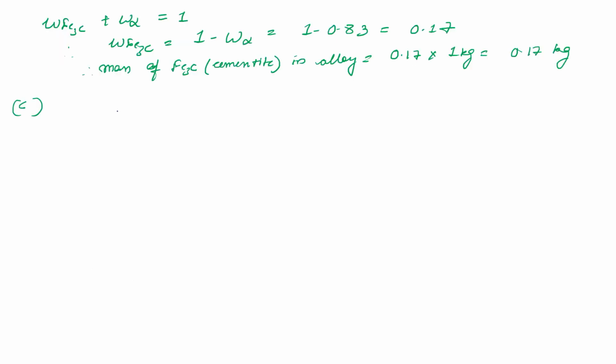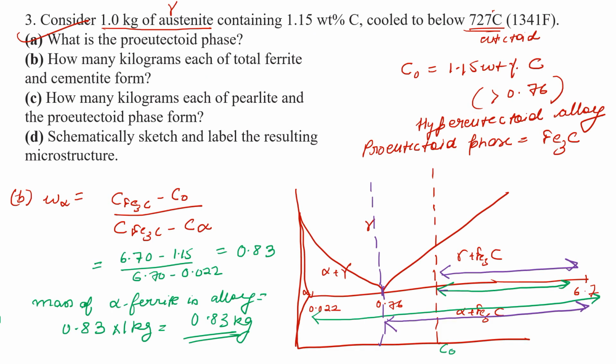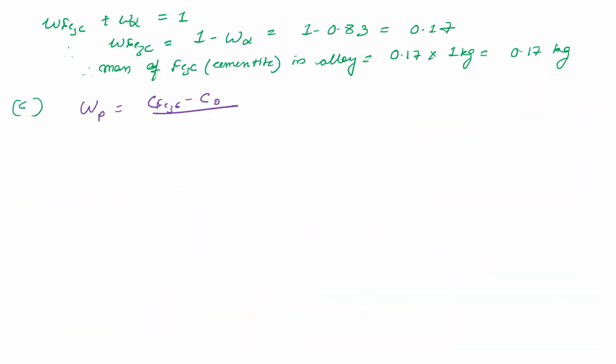So W, let's say pearlite is P, is C Fe3C minus C naught divided by C Fe3C minus C P, the pearlite composition. C Fe3C is 6.7 weight%.